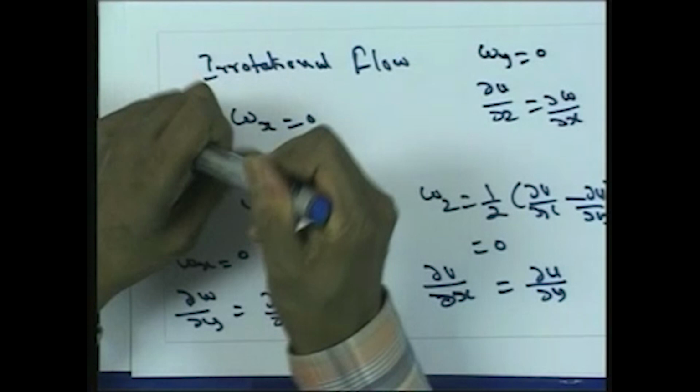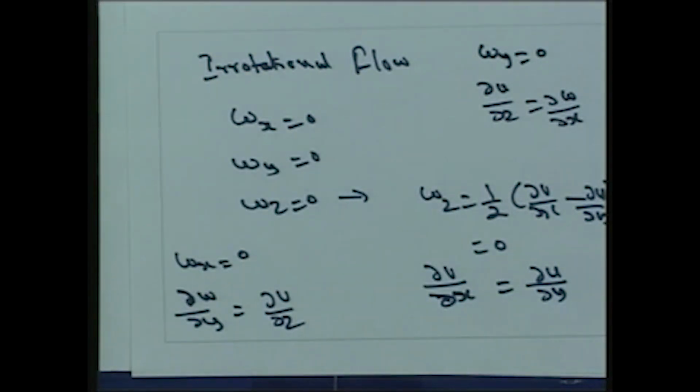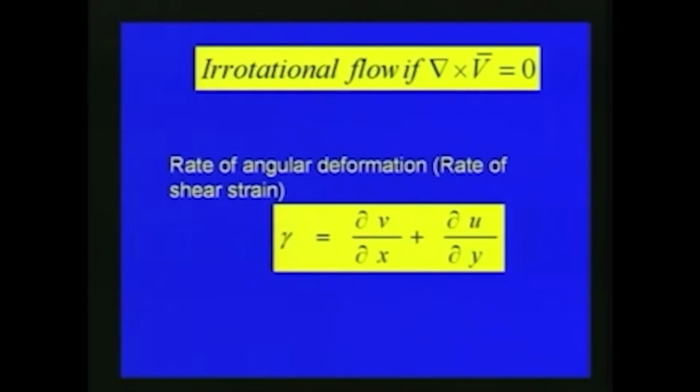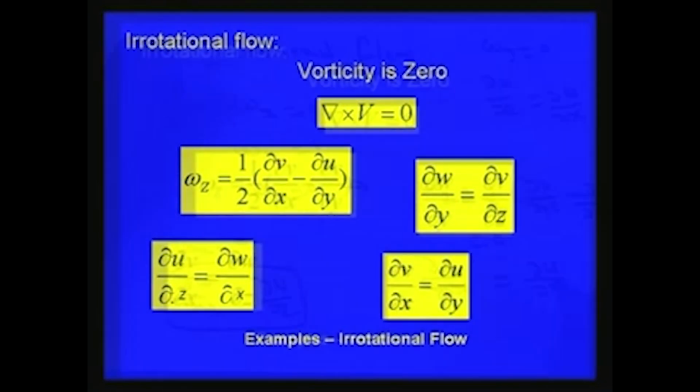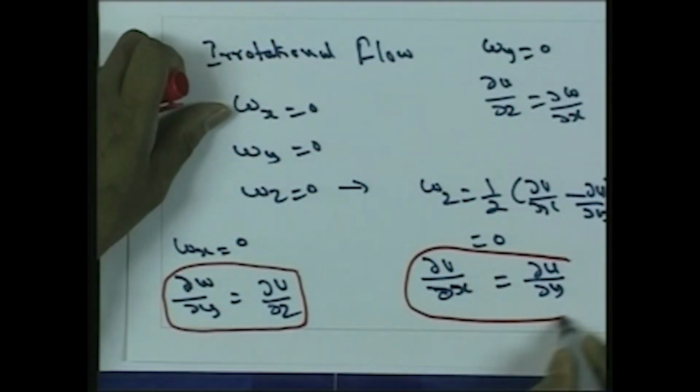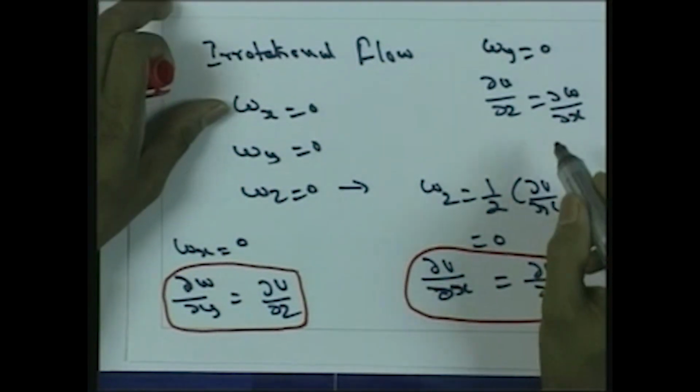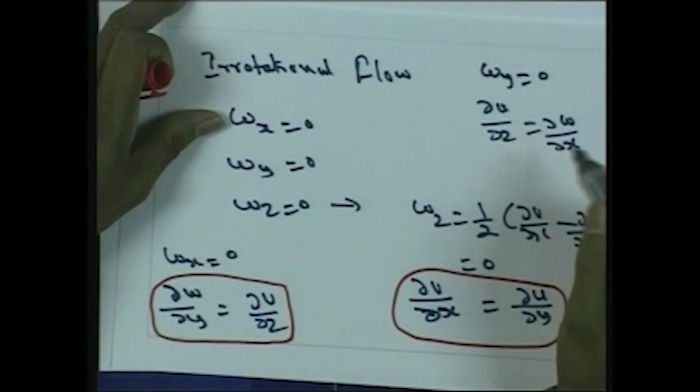So for irrotational flow all the rotational components are zero, so we can write del w by del y is equal to del v by del z, del v by del x is equal to del u by del y, and del u by del z is equal to del w by del x.